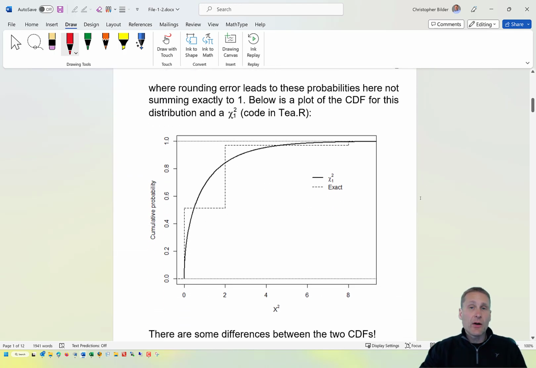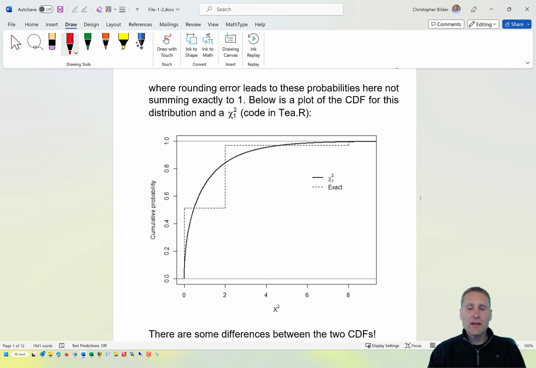With that then, we can go ahead and plot the cumulative distribution function for X squared. And we can also look at the cumulative distribution function for a regular old chi-square random variable with 1 degree of freedom. Of course, the chi-square random variable is a continuous random variable, where here X squared only has 3 possible values.